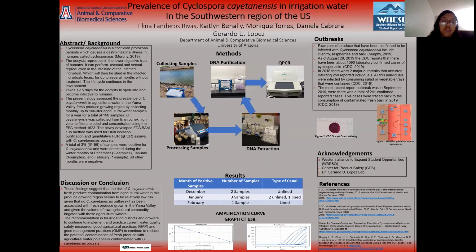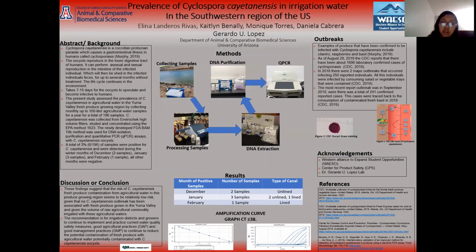Some discussion and conclusions. These findings suggest that the risk of Cyclospora cayetanensis contamination of fresh produce from irrigation water in this produce growing region seems to be relatively low, given that no Cyclospora cayetanensis outbreak has been associated with fresh produce grown in the Yuma Valley area, and given the volume of agricultural irrigation with these waters.